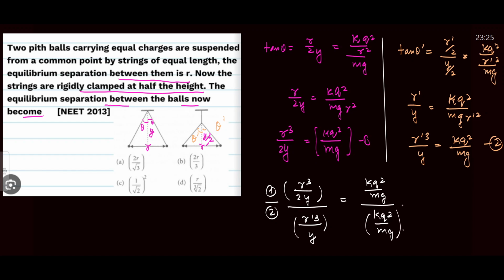So the right hand side is 1. So y also cancels out from here, so you can say r prime cube is equal to r cube divided by 2, or r prime is equal to r upon 2 to the power 1 by 3. That is the final answer for this problem.